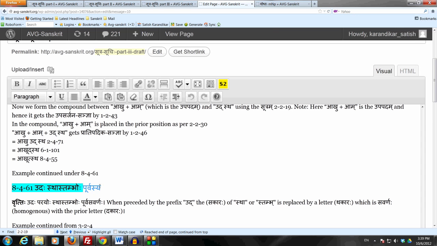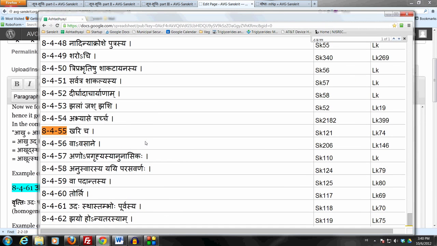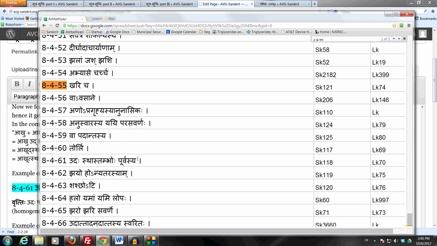That has nothing to do with the kridanta prakaranam, but is simply a varna niyamaha, a rule about letters when they come together. When the sounds come together, what happens? It's a sandhi niyamaha. So we will take that one next in order to complete this form. We'll next look at 8461 udasthastambhoho purvasya.